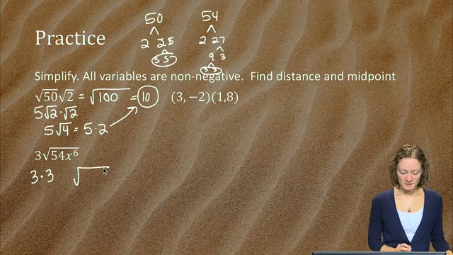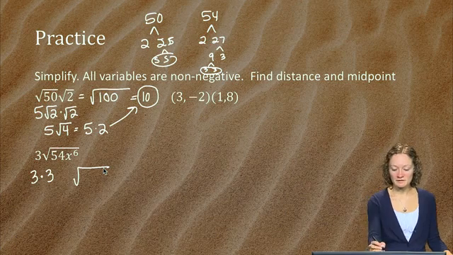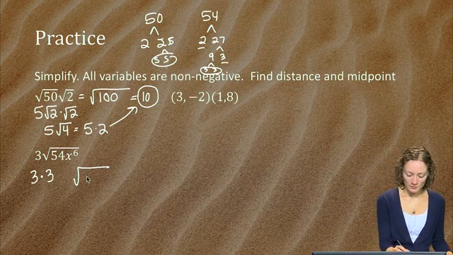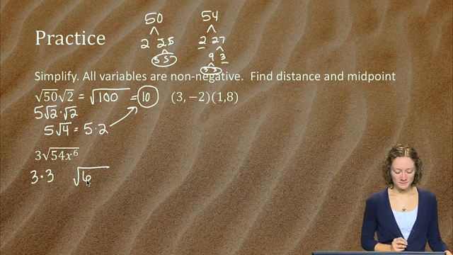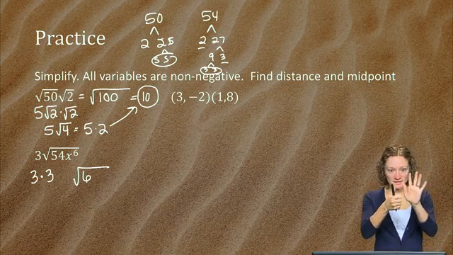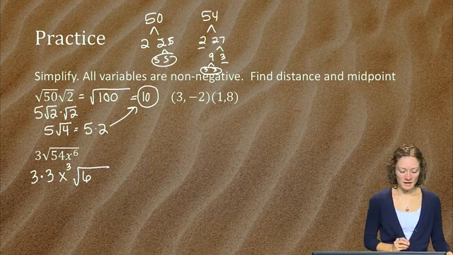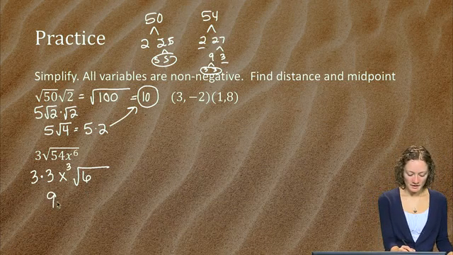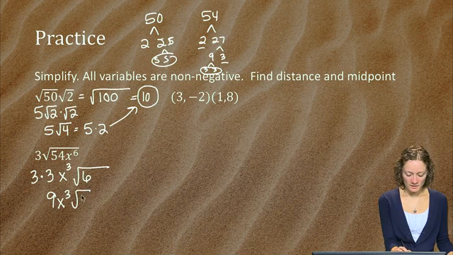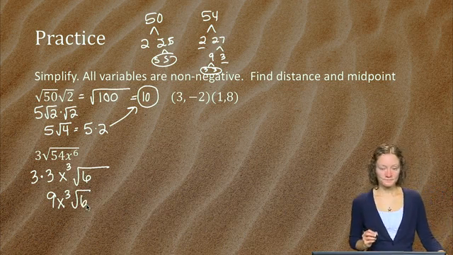Let's leave some space for the variable. The numbers that are left inside are a 2 and a 3, which is 6. And then we have 6 x's, so we're looking for pairs, 1, 2, 3 pairs. They're all used. Nothing goes inside. Clean this up. We get 9x cubed square root of 6.